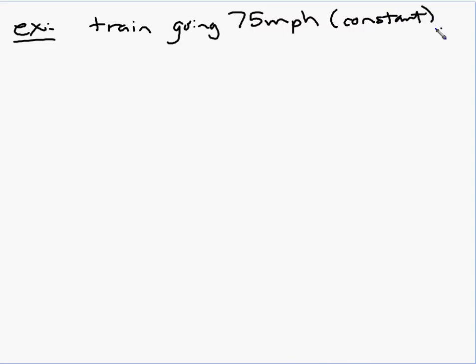Let's say that we've got a train going 75 miles per hour, and this is a constant speed. It's never changing. And then let's say that we have this little question.